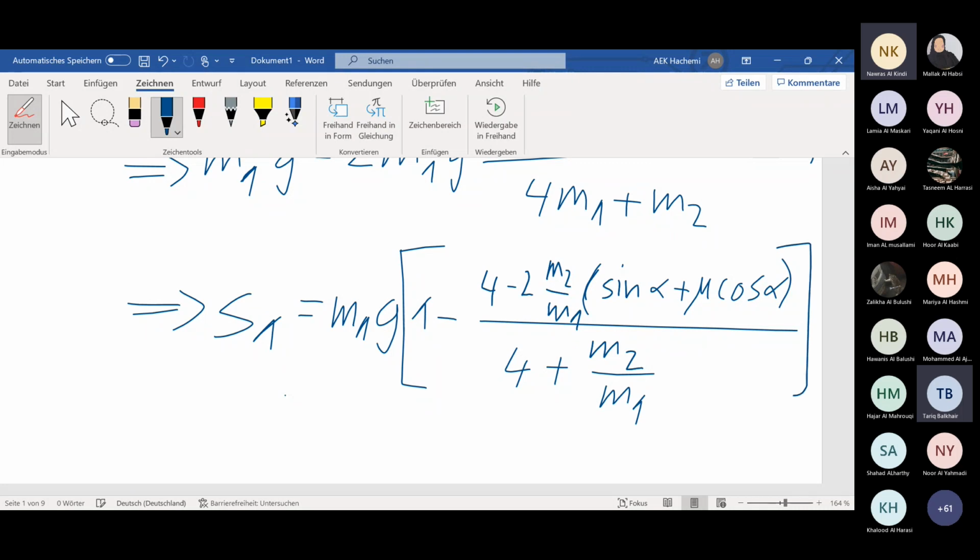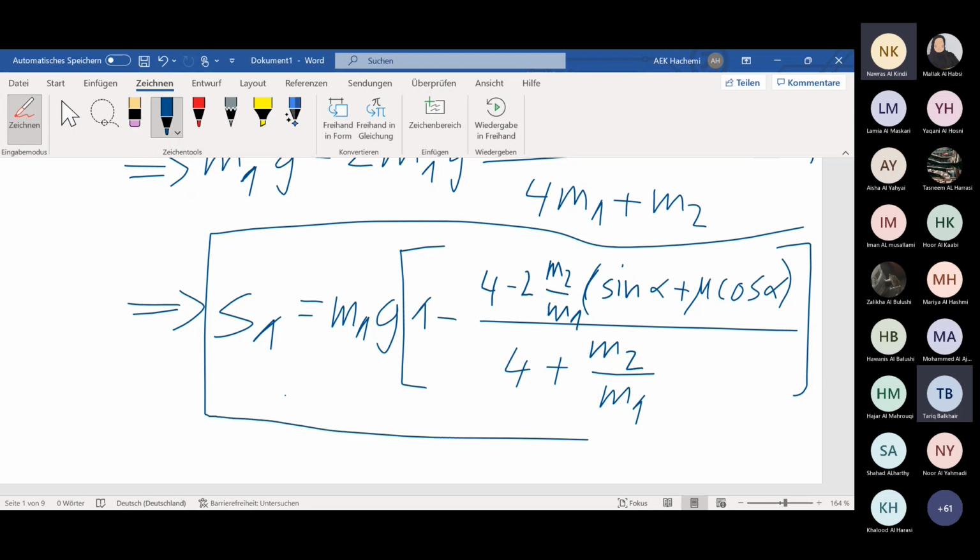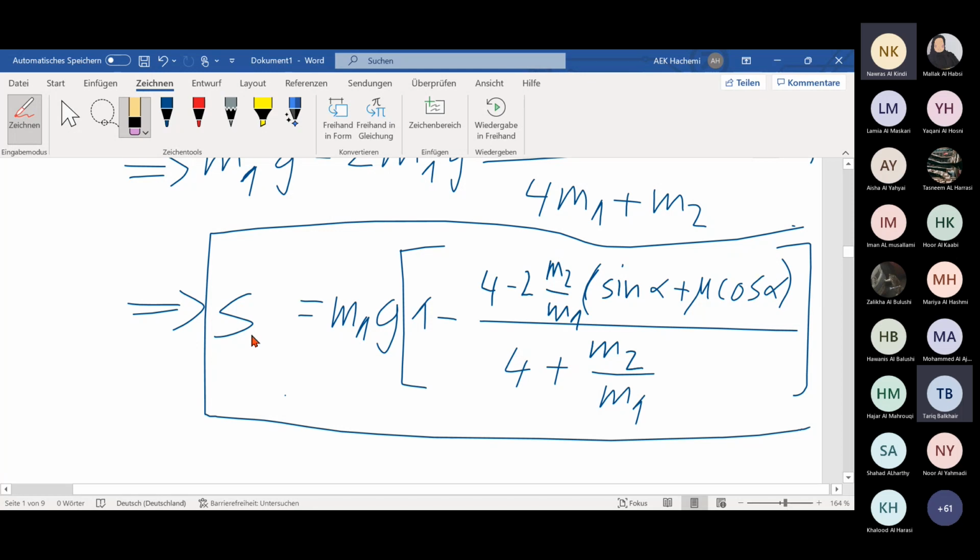Okay, this is the expression of S. This is the expression of the force in the cable.